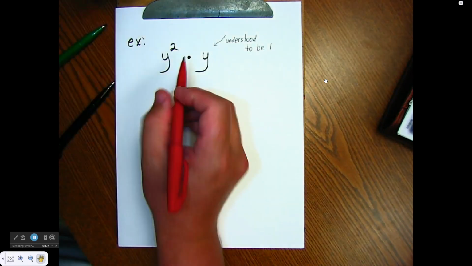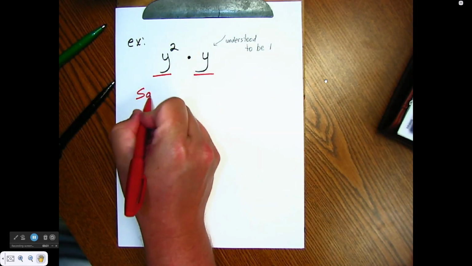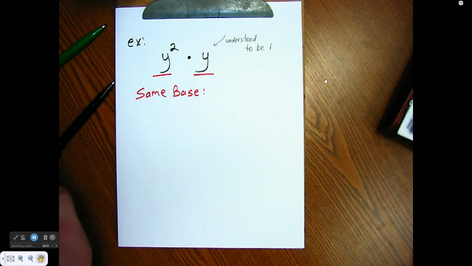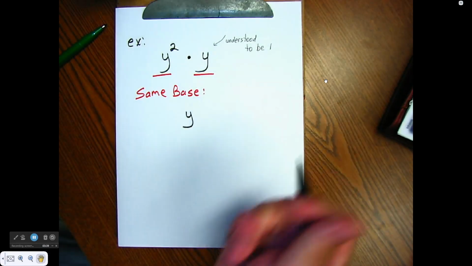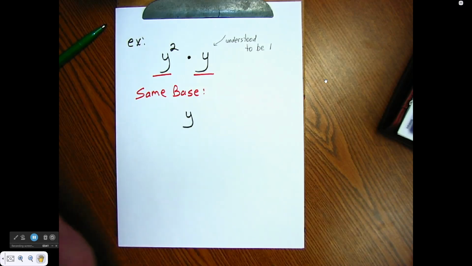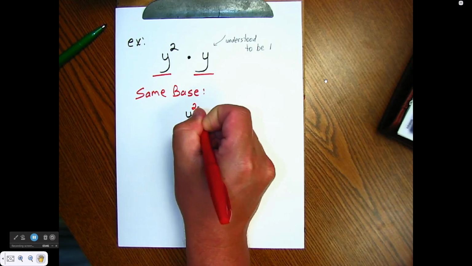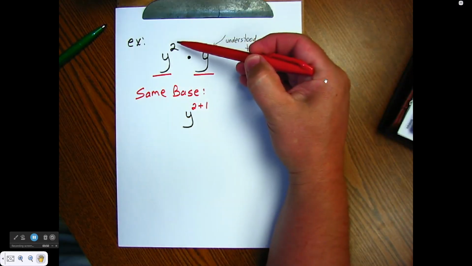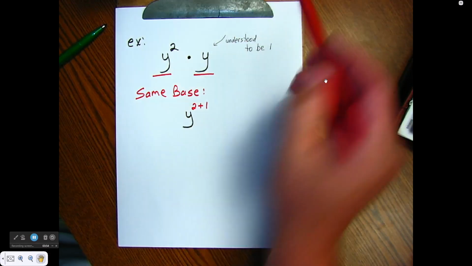So again, base of y, we have the same base, and the product rule says take your base, in this case it's y, and take those exponents and add them. 2 plus the understood 1 that's right here.